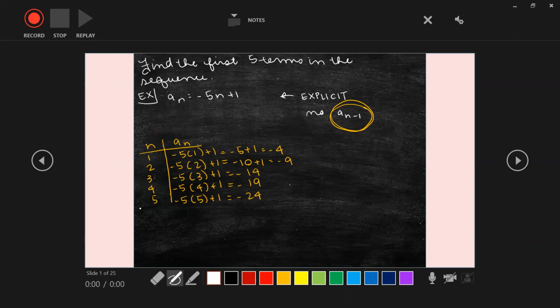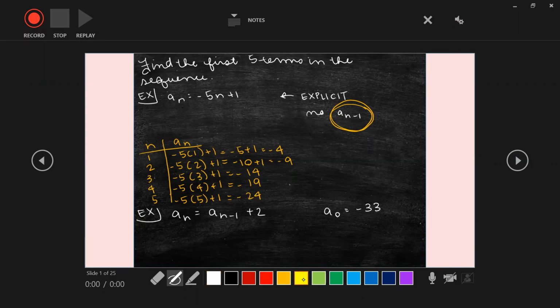Now notice, if you're given something else, let's say that we are trying to find the first 5 terms in the sequence, and we've been given that a sub n is equal to a sub n minus 1 plus 2, then we have to have an initial condition first where we're given some a sub 0, and it says that it is going to be negative 33.